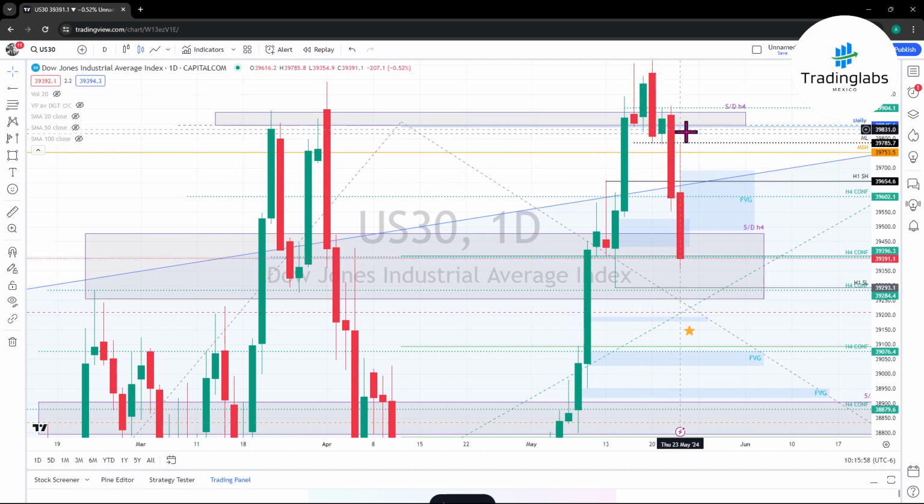Why are you looking for longs here? The previous day broke very hard with big volume below Monday low, below monthly swing high. So why are you looking for longs? You're looking for shorts from here.